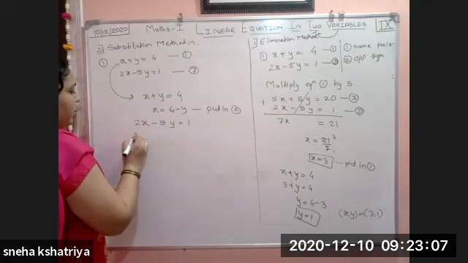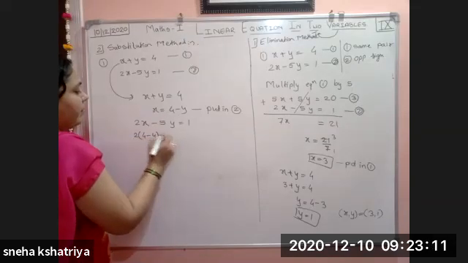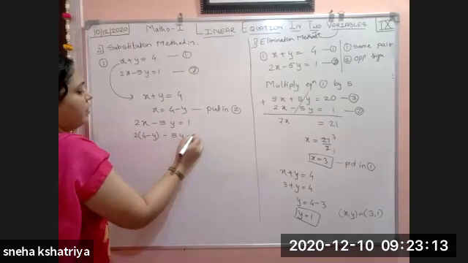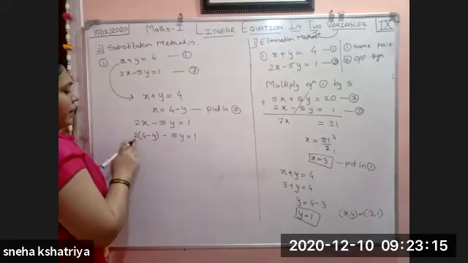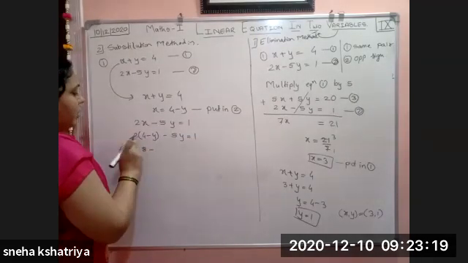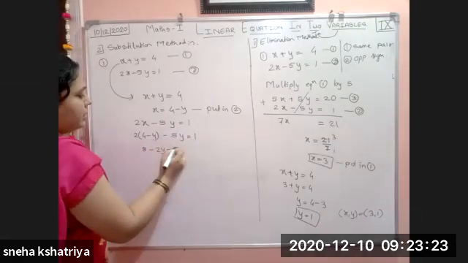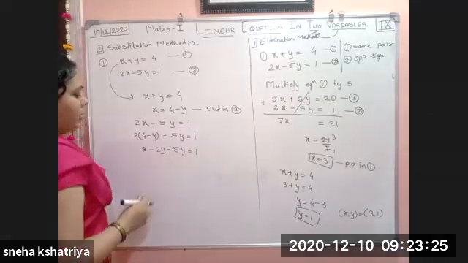So 2 into x, which is 4 minus y, minus 5y, is equal to 1. Multiply 2 into the bracket: 2 into 4 becomes 8, 2 into y becomes 2y, the minus sign as it is, minus 5y, which is equal to 1.